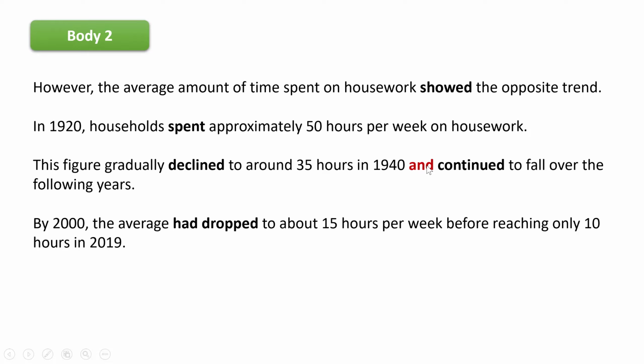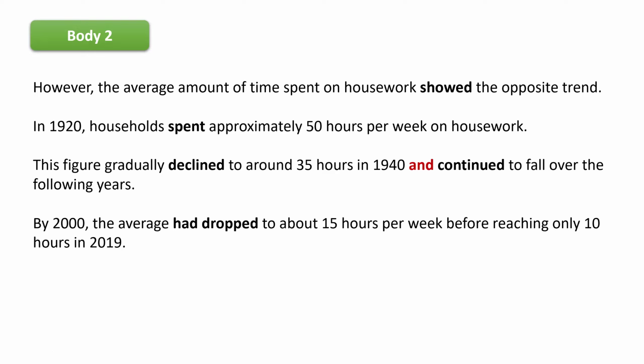And ini adalah connecting words, connected, continued. Nah, ini juga kata kerja yang kedua, to fall over the following years. Dan terakhir, by 2000, the average rata-rata penggunaan waktu had dropped to about 15 hours per week before reaching only 10 hours in 2019.